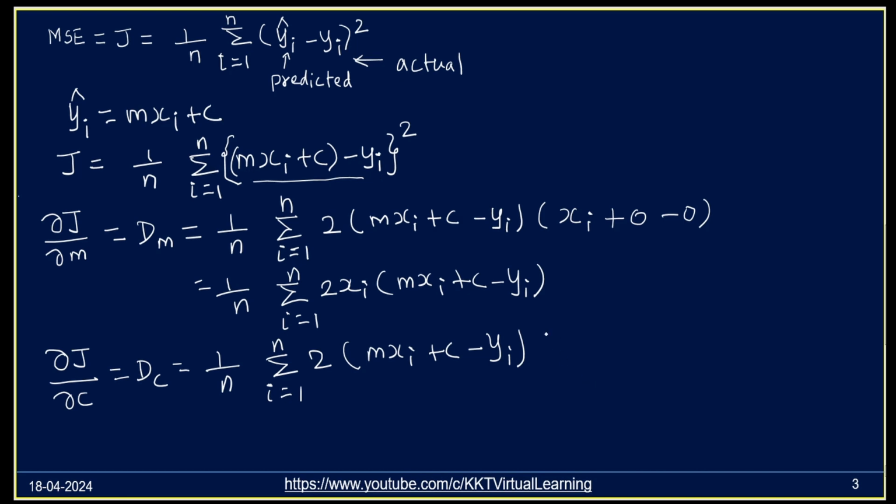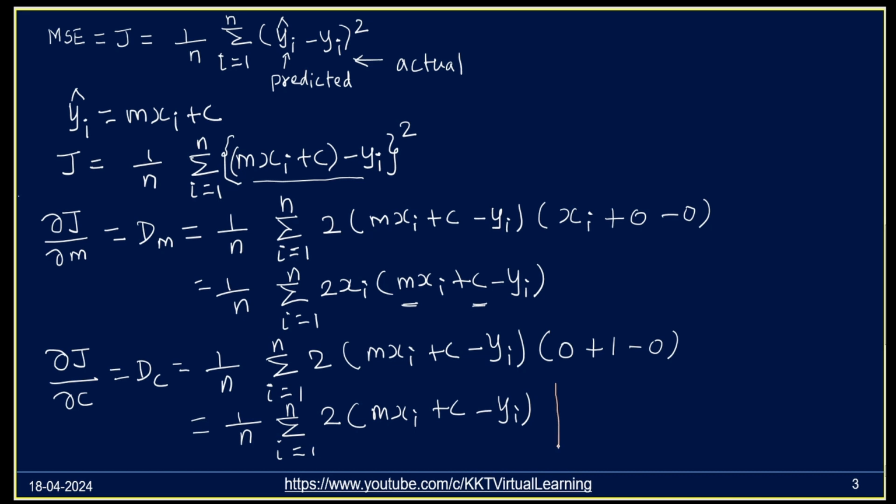So derivative of this term will be 0, and for c it is 1, and for yi is also 0. So this will be equal to 1 by n sigma i is equal to 1 to n 2 times (m xi plus c minus yi).